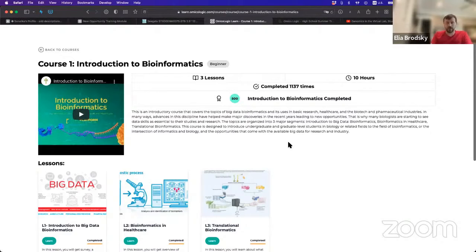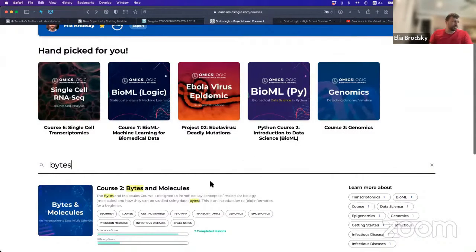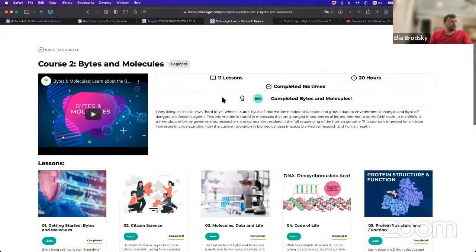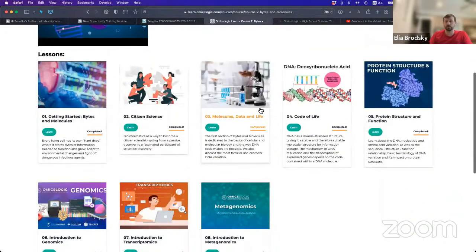So Introduction to Bioinformatics is that first course, and the second course that I wanted to mention is called Bytes and Molecules. So again, if you search here, Bytes and Molecules, it is course 2. This course is different from the Introduction to Bioinformatics because it is a little bit more detailed and actually introduces a lot of the concepts that are going to be useful for what we do in this program.